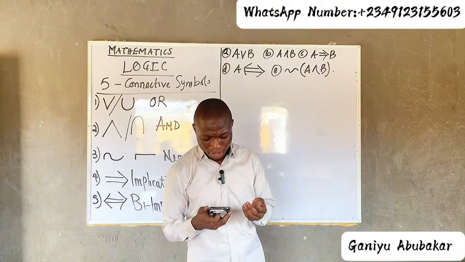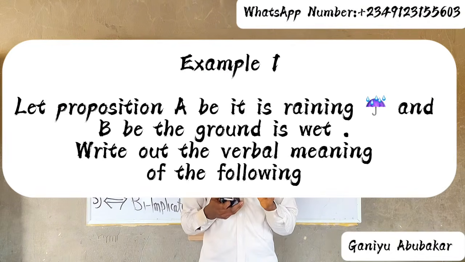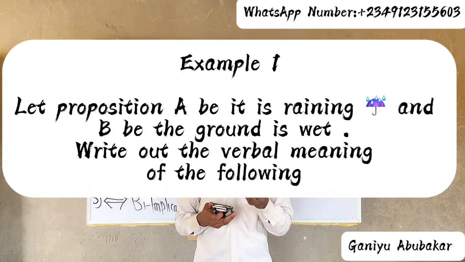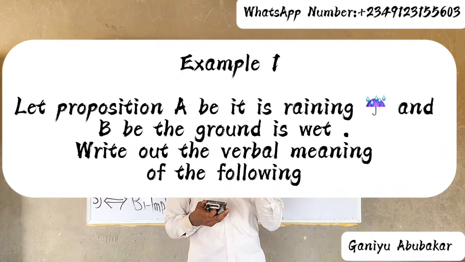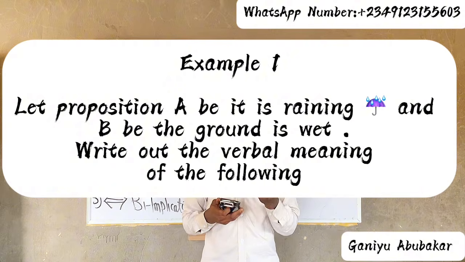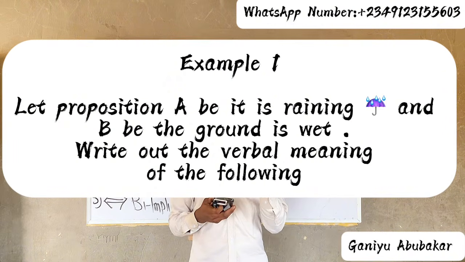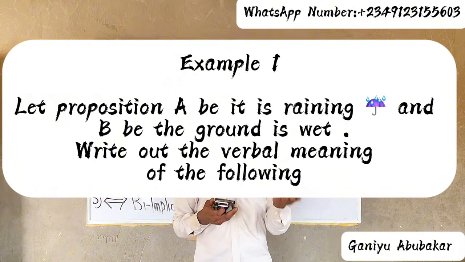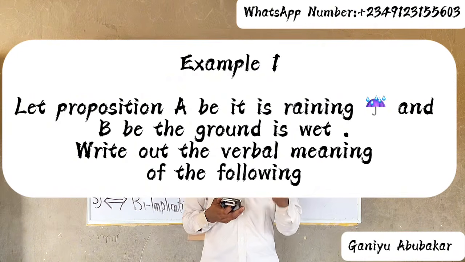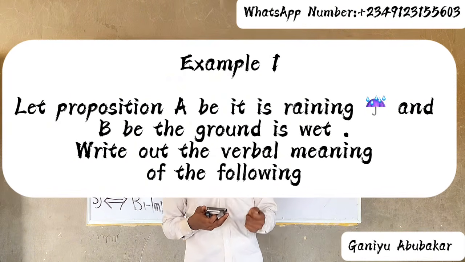It says, let proposition A be "it is raining" and B be "the ground is wet." Write out the verbal meaning of the following.